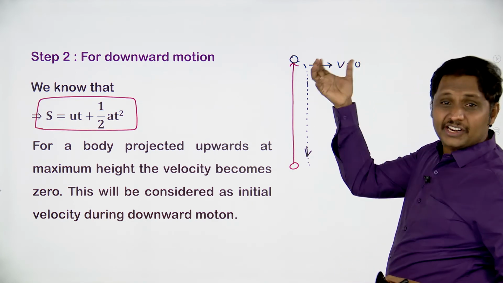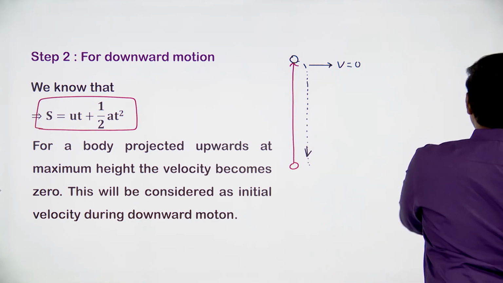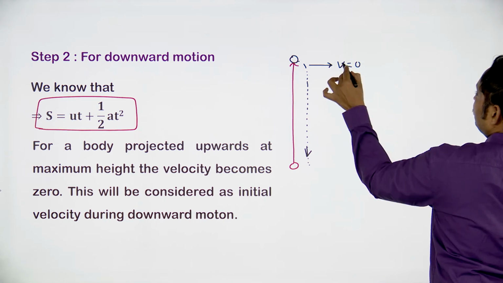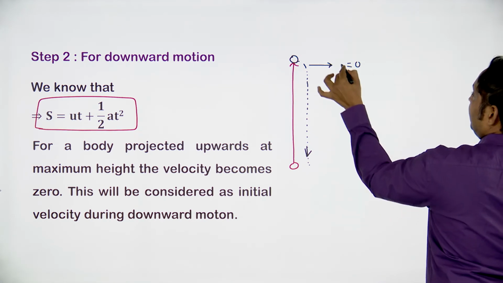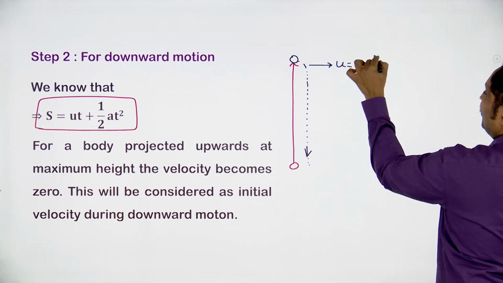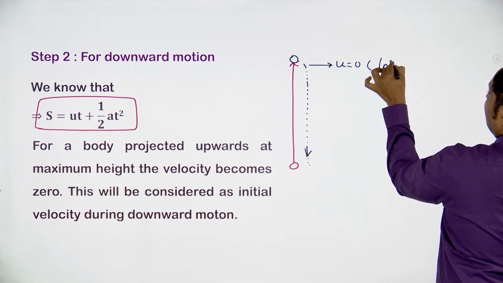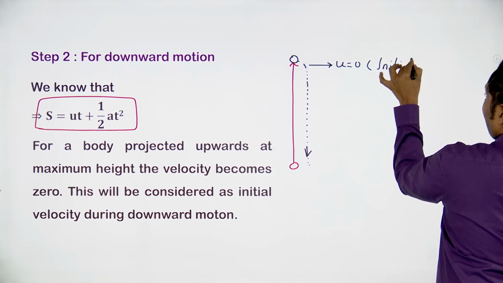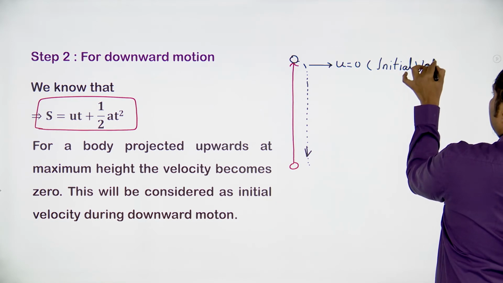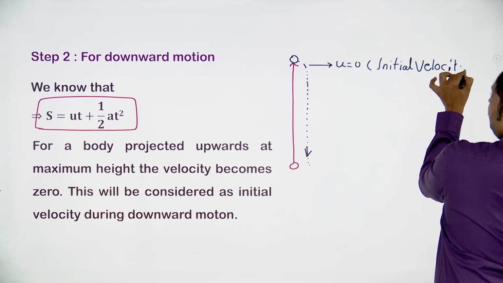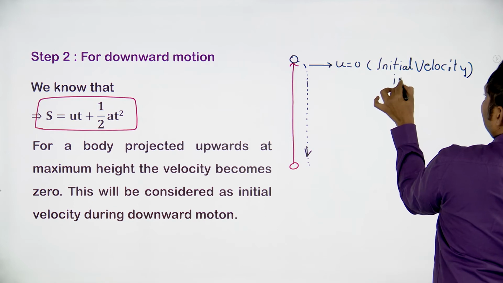The initial velocity U is equal to 0. So the initial velocity is going to be 0.